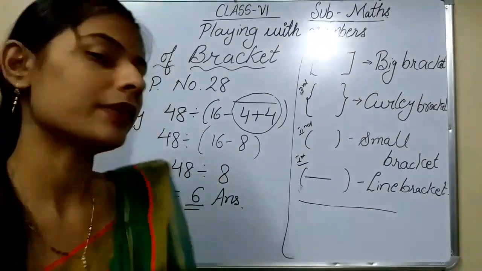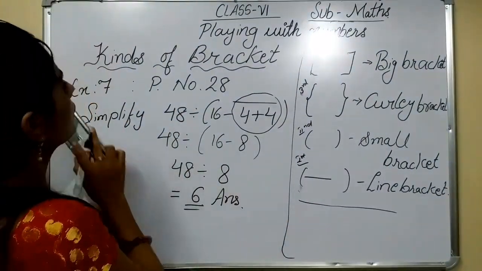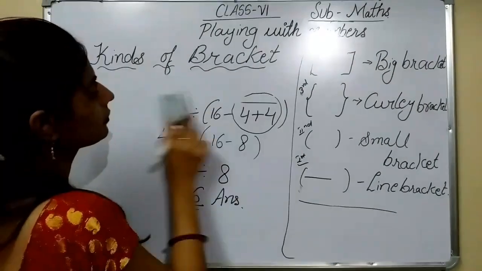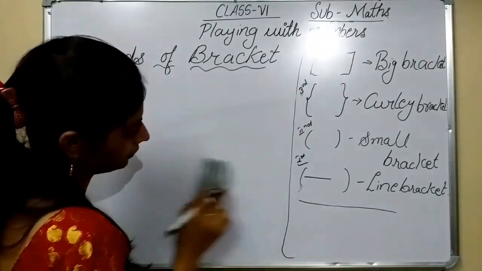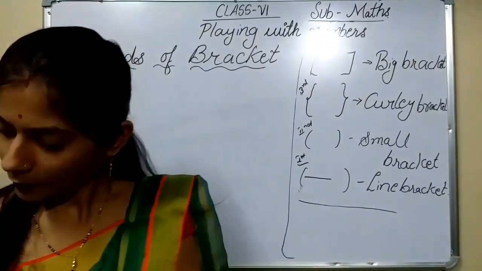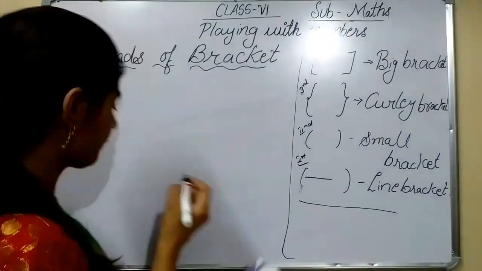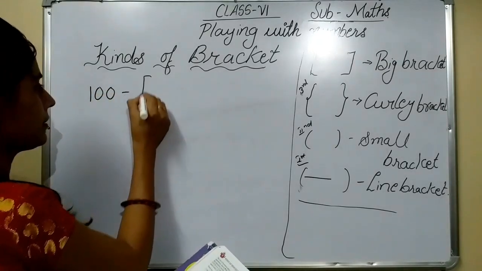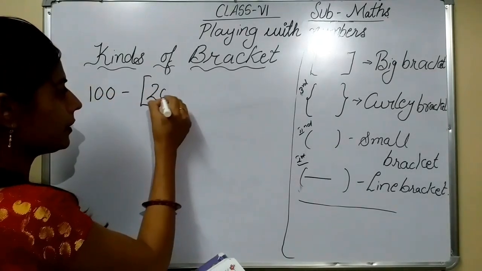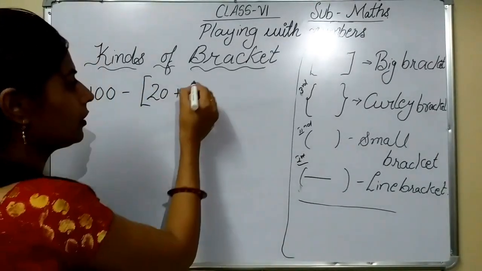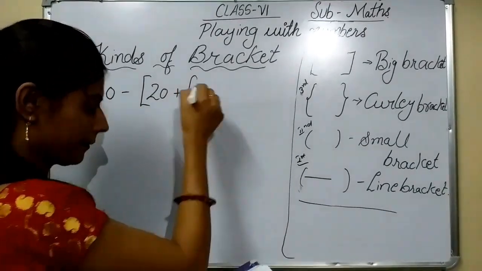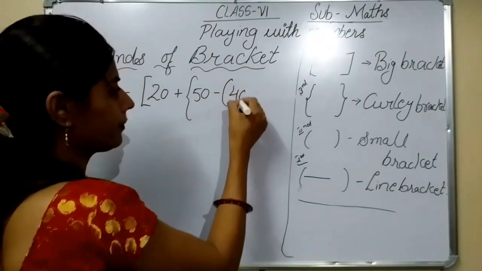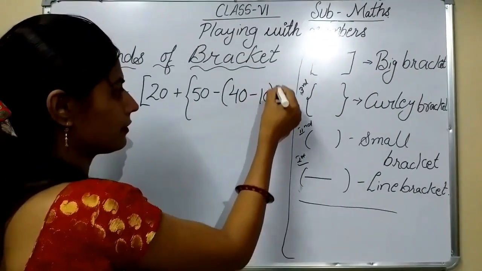Now example number 2. 100 minus 20 plus curly bracket 50 minus 40 minus 10.